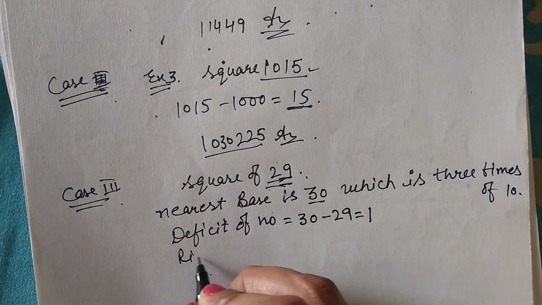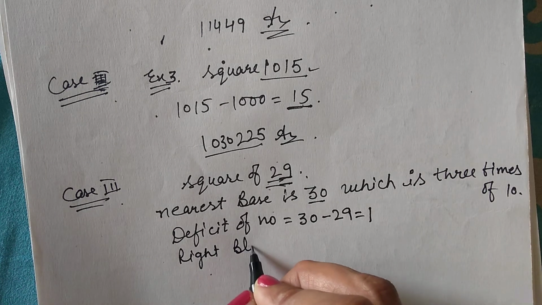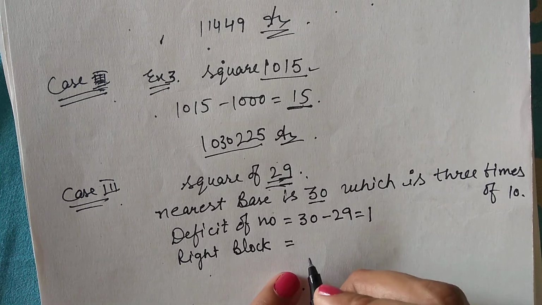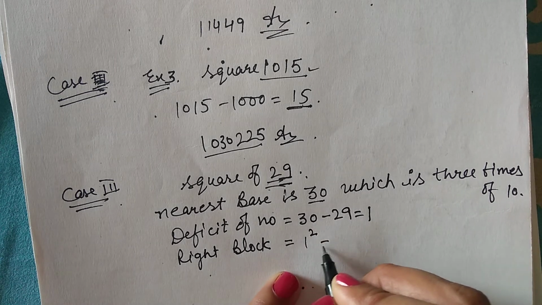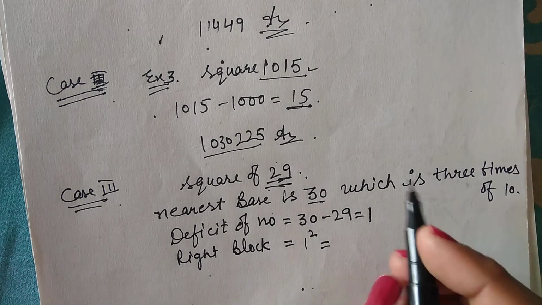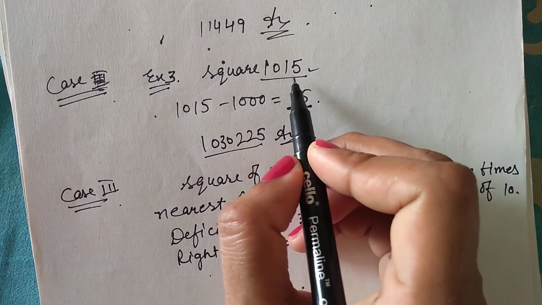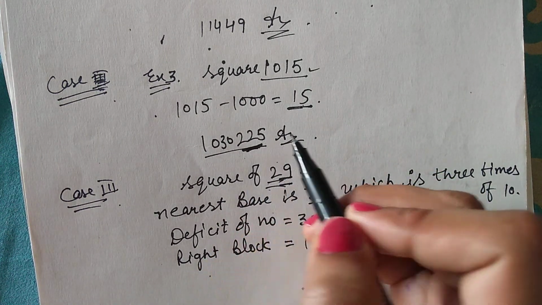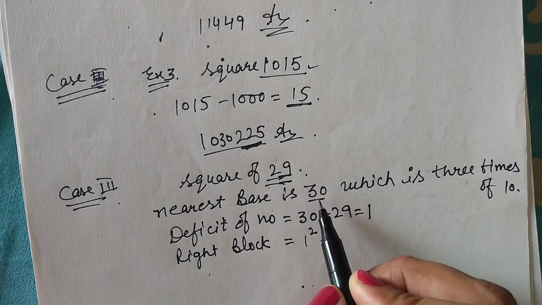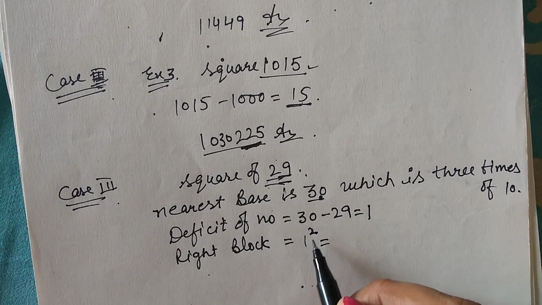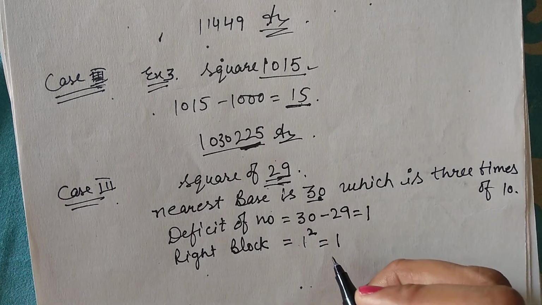Now for the right block resultant we take only 1's square, like in the last example where we took the surplus 15 and took 15's square on the right hand side. Here also 29 is 1 less than 30, and on the right side we write 1's square, that is 1.